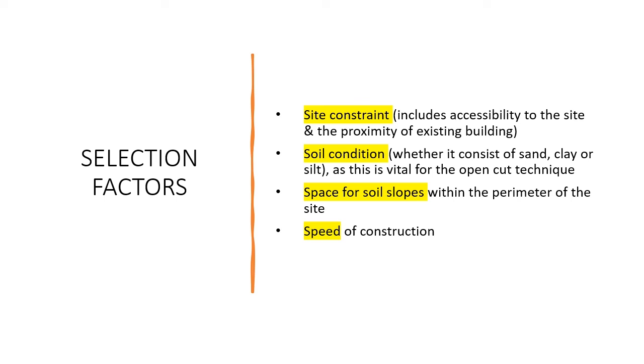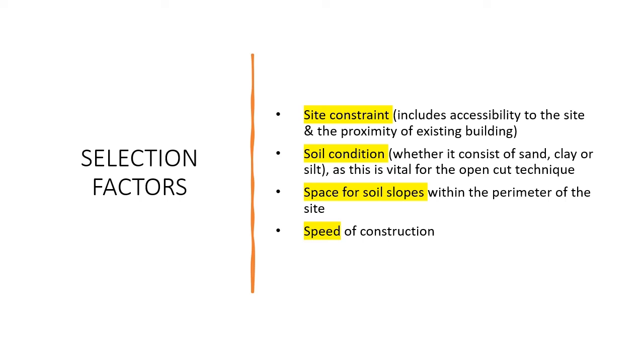First is site constraint, which include accessibility to the site and proximity of the existing building. As we know, open cut techniques dia perlukan kawasan yang besar. Jadi kita kena consider ada existing building ataupun dia dekat dalam yang congested area. And then we have soil condition, whether it consists of sand, clay ataupun silt.